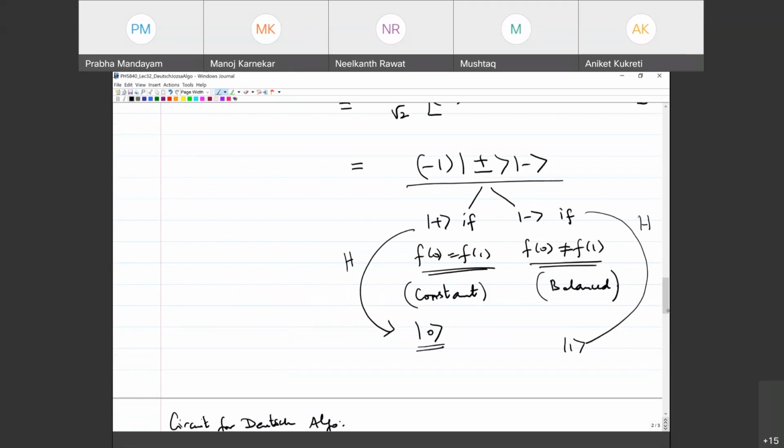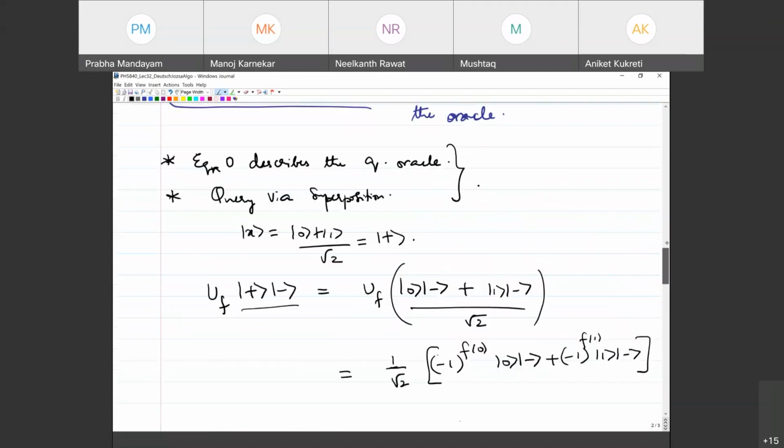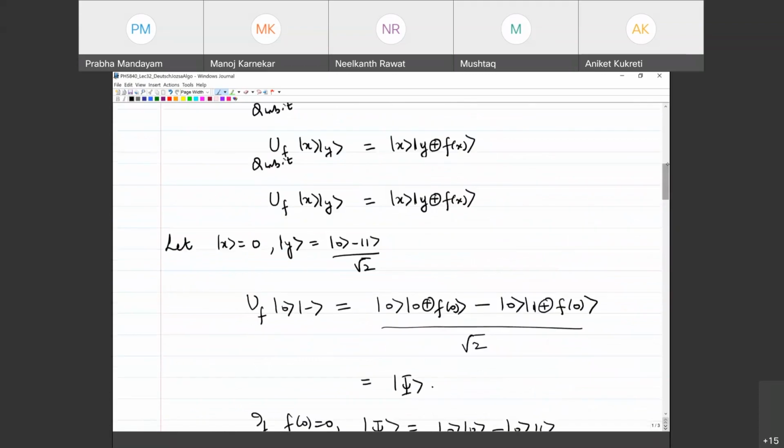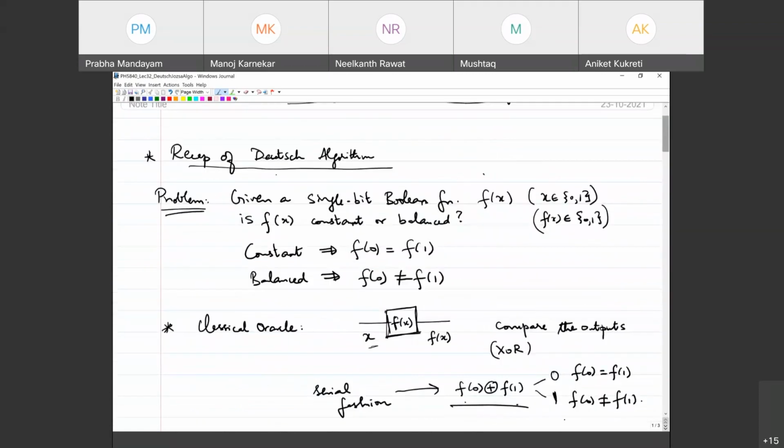And if my output is 1, it is balanced. And if you notice, this is exactly like computing in the classical case, f of 0 XOR f of 1, right? Just go up, look at this. There you go. If it was 0, the function is constant. If it was 1, the function is balanced, right?